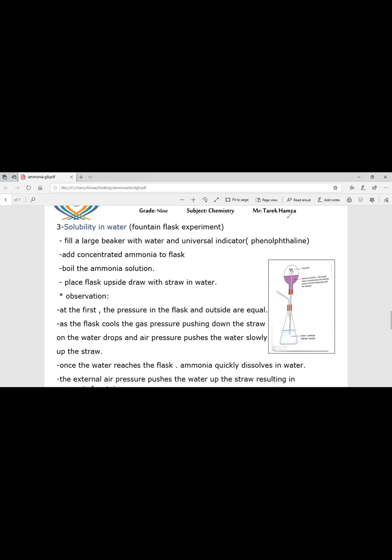This is concentrated ammonia in this flask. Boil the ammonia first, before putting it upside down. Place the flask upside down with the straw in the water, like in this figure. Okay, observation.